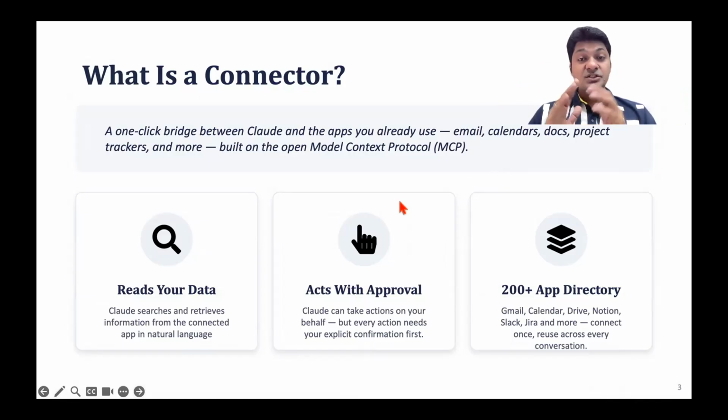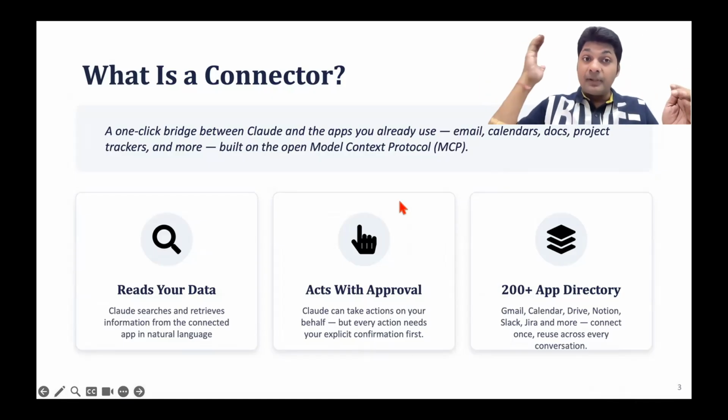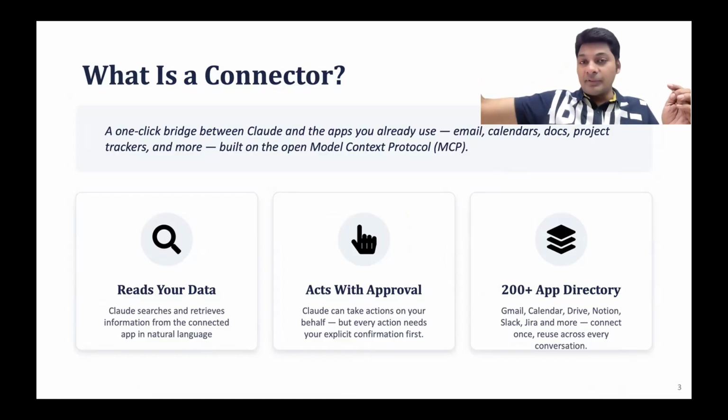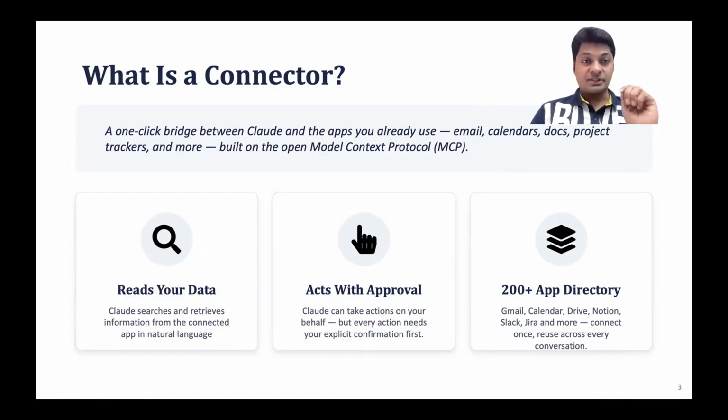Third, this is not just about Gmail. This is a whole directory of 200 plus connectors: Slack, Notion, Jira, and more. You connect once and it is available in every future conversation. I hope it is clear what a connector is. It is like a bridge between Claude and your application using MCP.